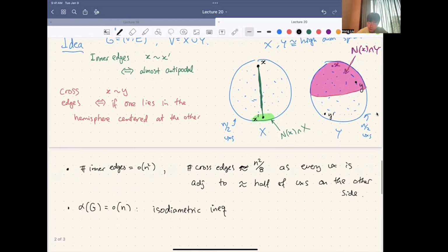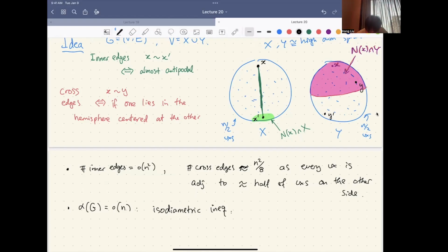Or the other way, given the diameter, the spherical cap maximizes the measure. It's equivalent. We are trying to say that if your measure is positive, there are two points far away. We are using this way.